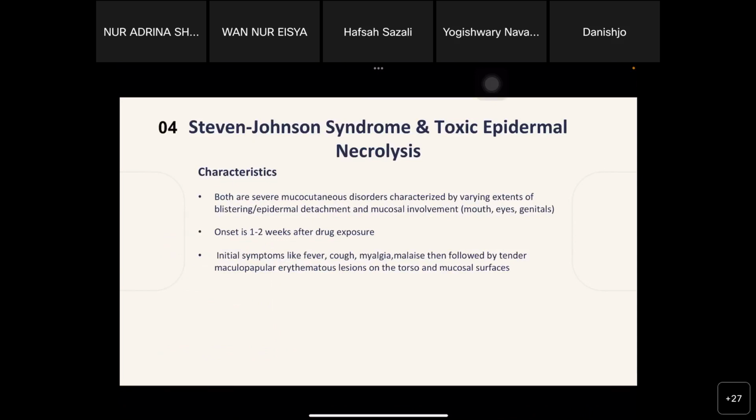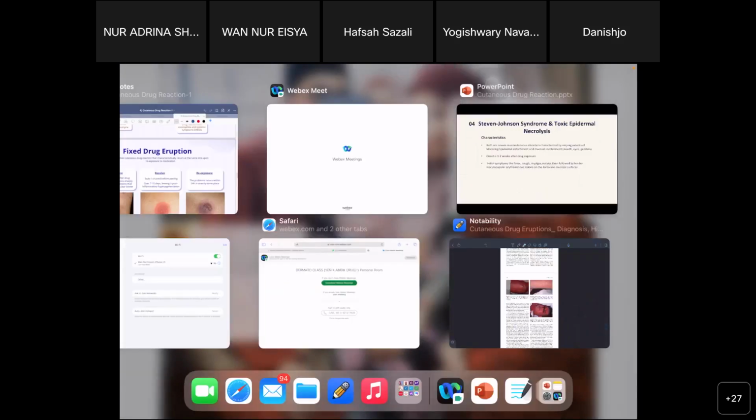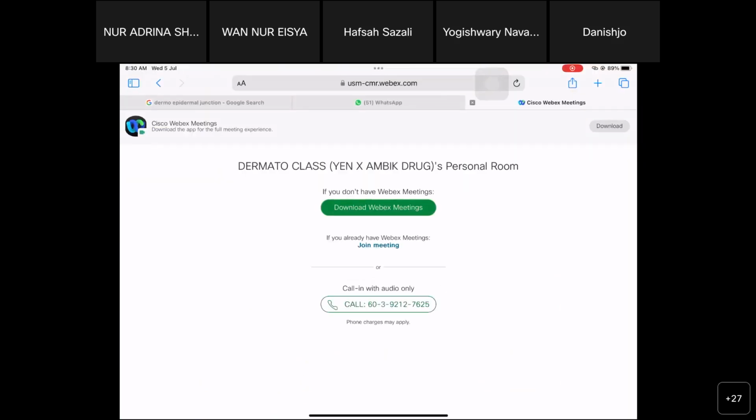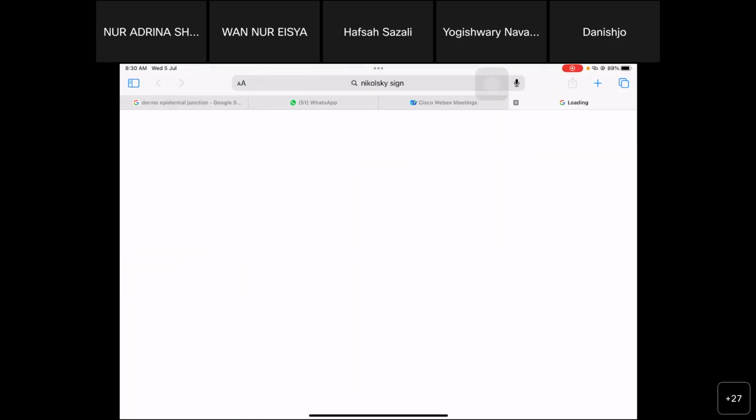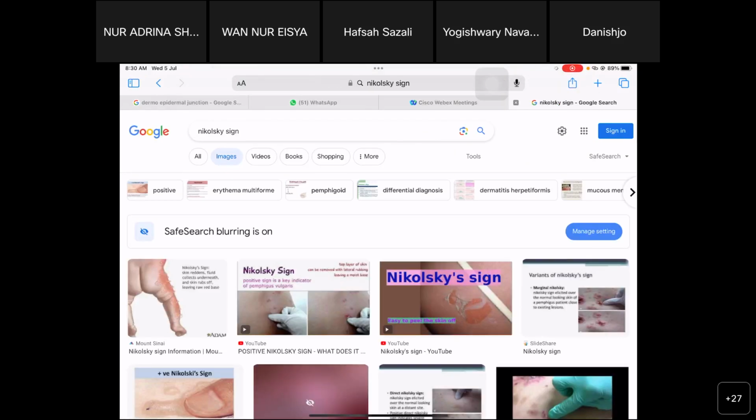So for the Nikolsky sign, if you rub and it forms blisters or erosion with gentle pressure or rubbing, that's Nikolsky sign positive. On normal skin, if you rub it, it doesn't form blister easily, unless it's really edematous or already inflamed or irritated.